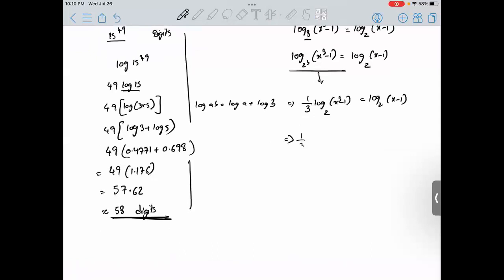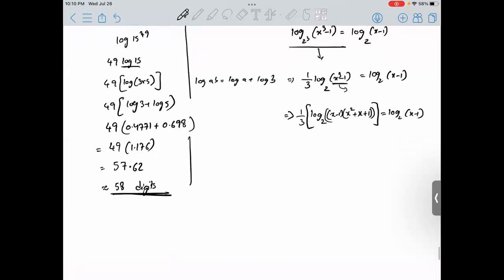Now 1 by 3 log 2 of x minus 1 into x square plus x plus 1. Can you write like this? Then finally what happens? 1 by 3 into log 2 x minus 1 plus 1 by 3 into log.